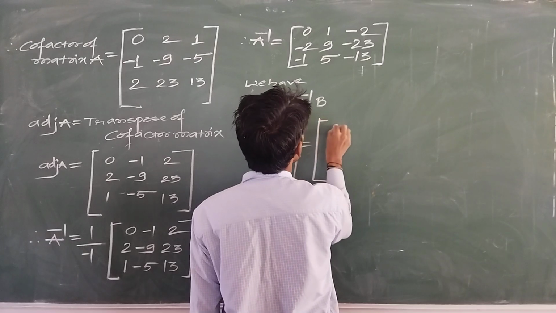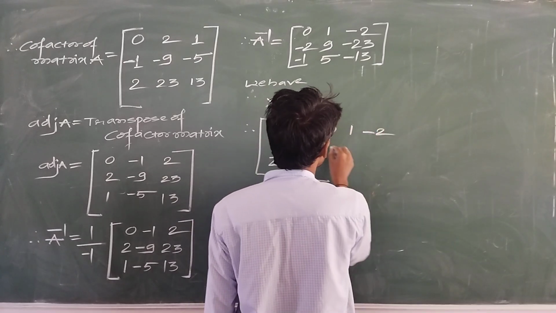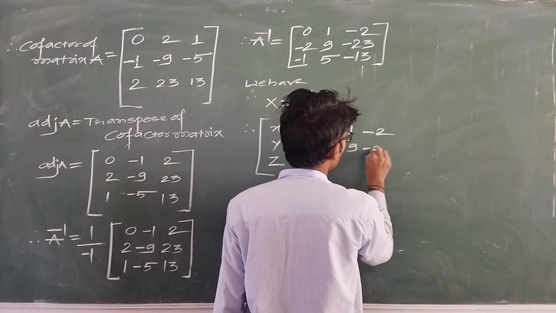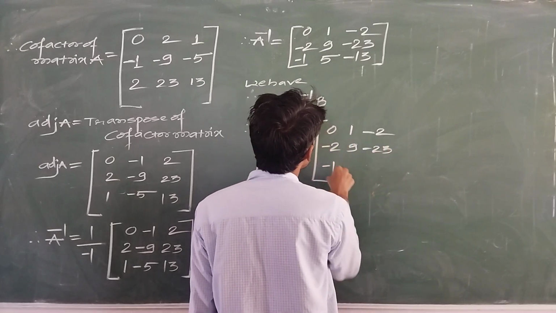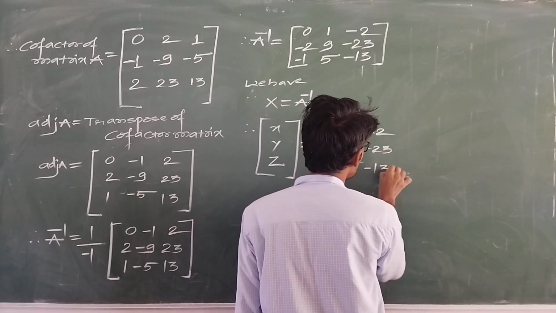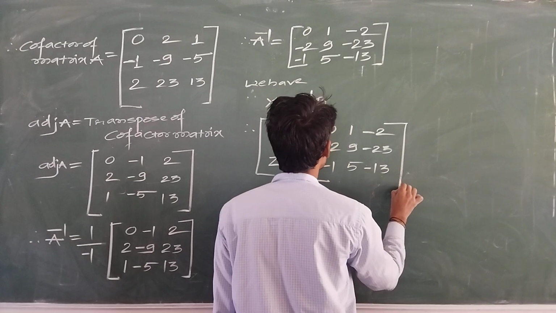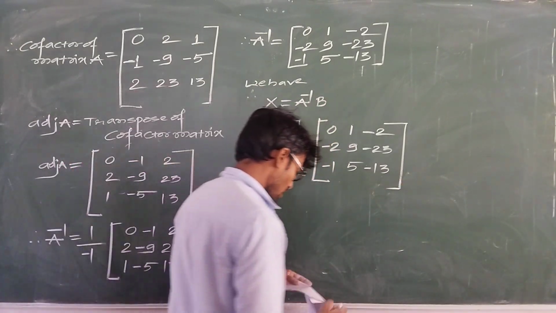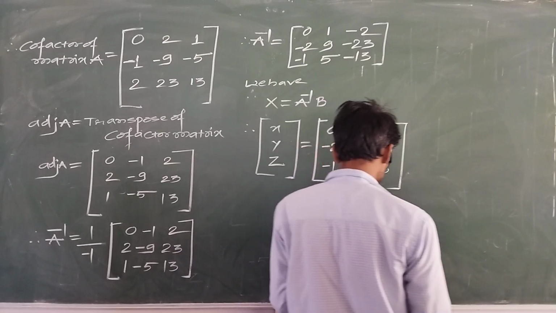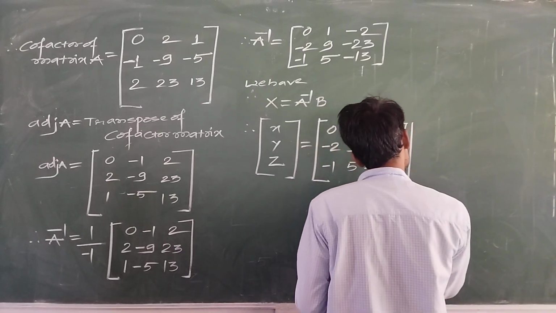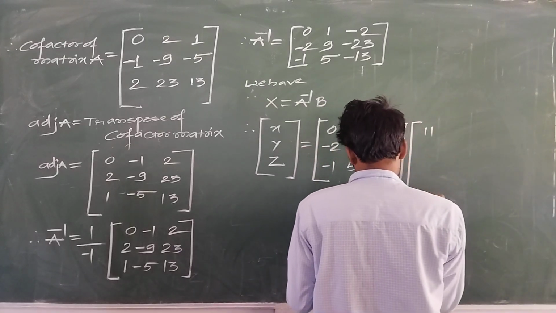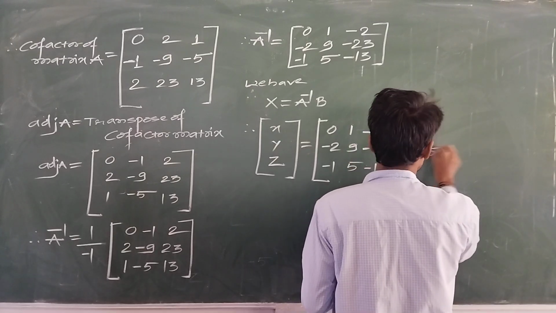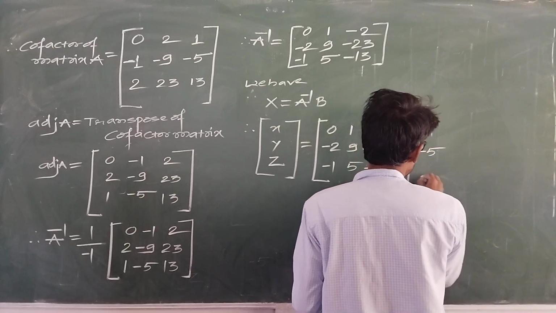So write A inverse as 0, 1, minus 2, minus 2, 9, minus 23, and next minus 1, 5, minus 13. Next into B. B is the constant matrix and its values are 1, minus 5, minus 3.